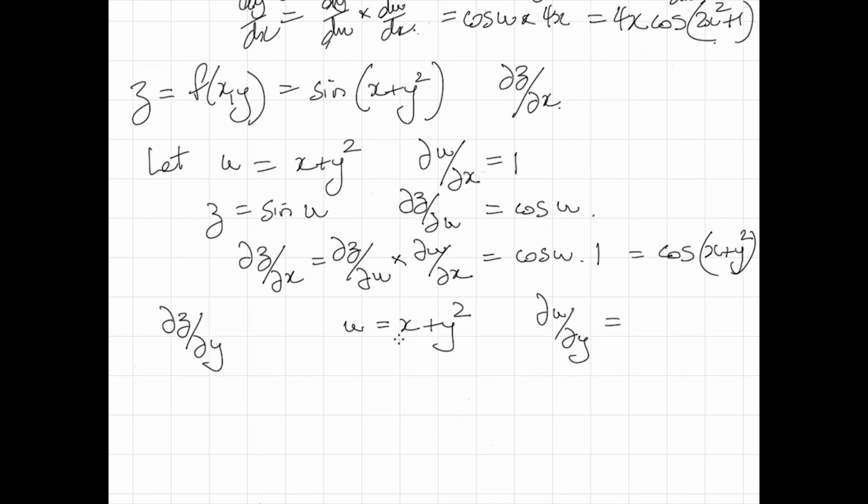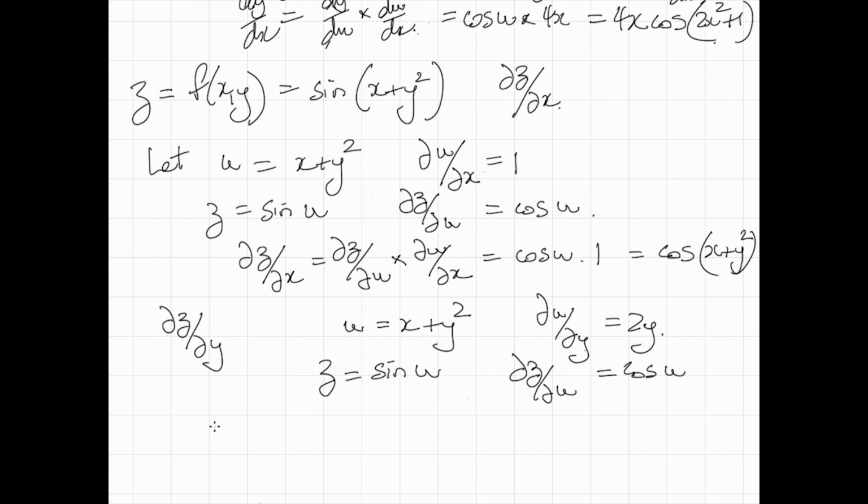And if we're going to do this, x is regarded as a constant with respect to y, so the derivative of a constant is 0, and the derivative of y squared with respect to y is equal to 2y. And we've got z equals sine of u, so partial dz du will be equal to cos of u.